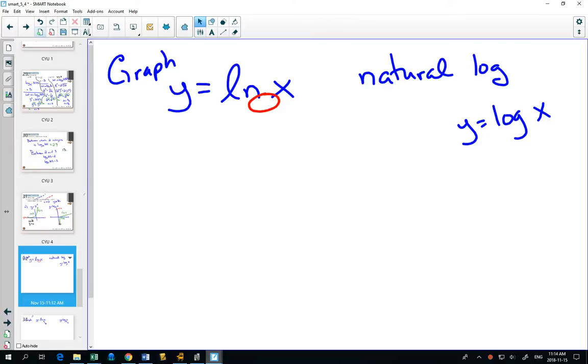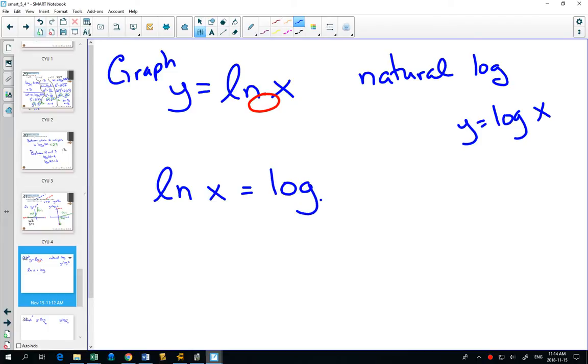So the natural log of x is exactly the same as writing log with the base e of x. E is a number. It's 2.718281828. Yeah, that's what it is. 2.7, though, if you have that basically memorized, that's good.